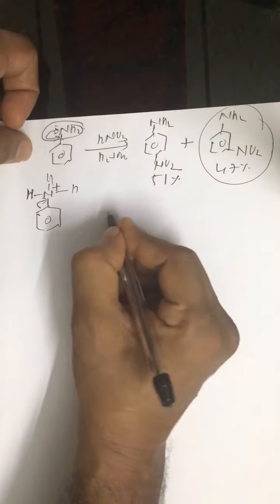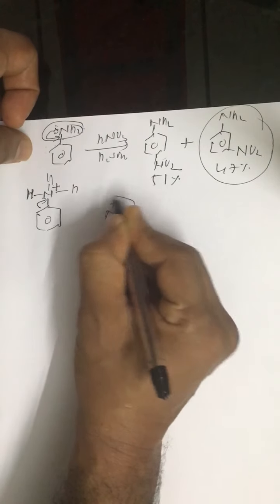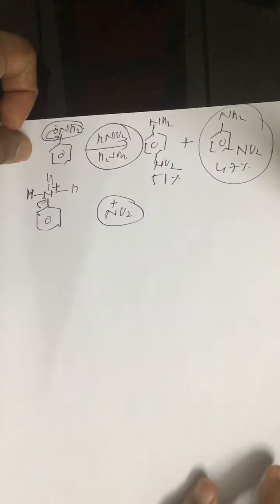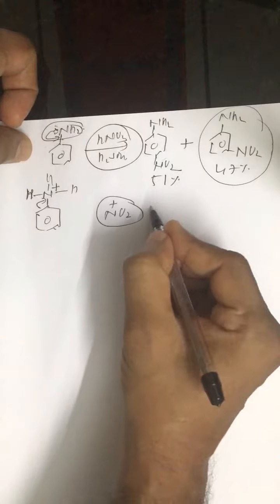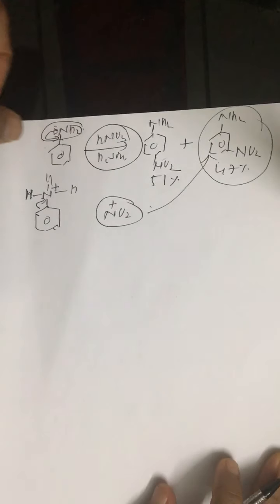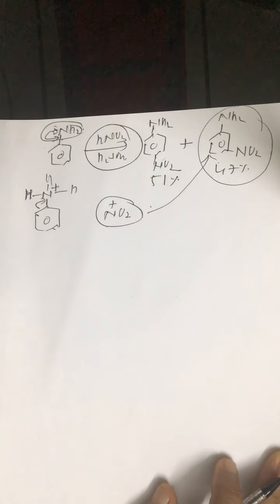This is the reason that when we get NO2 positive from this reaction mixture, the nitro group is substituted at the meta position. So this is again an important question.